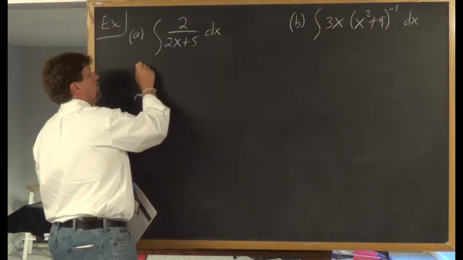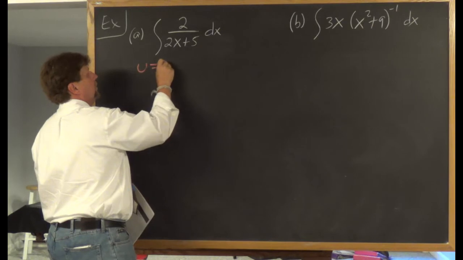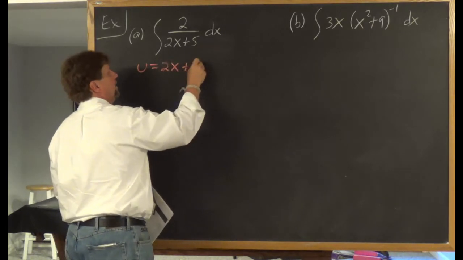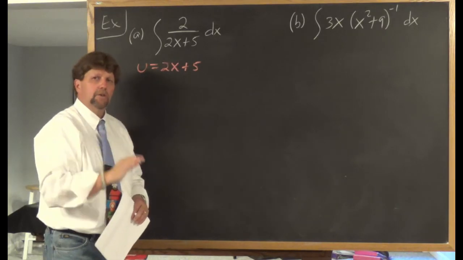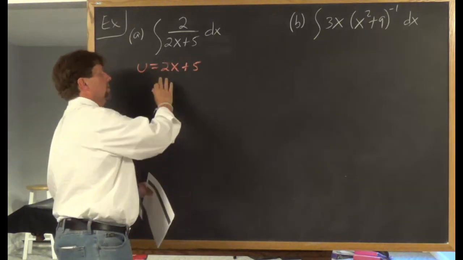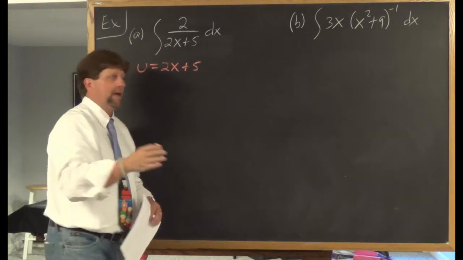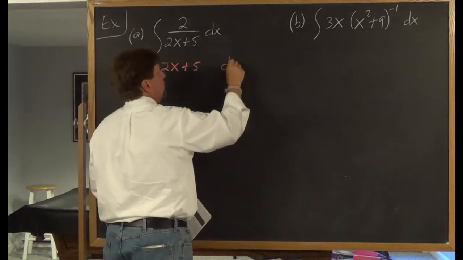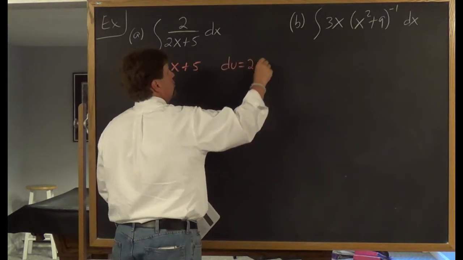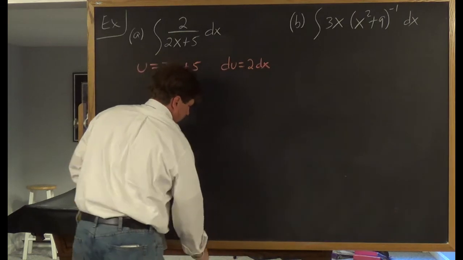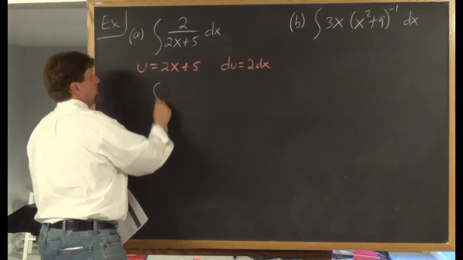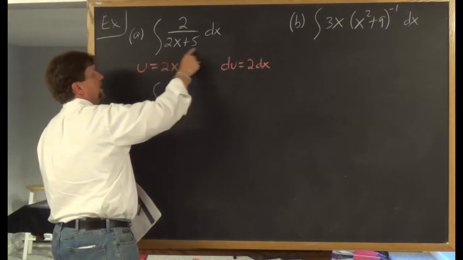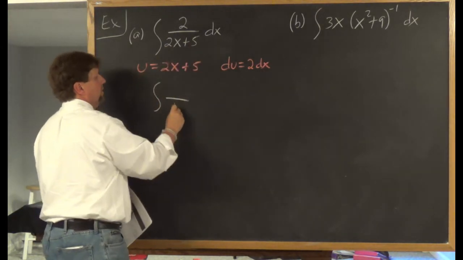So we're going to let u equal 2x plus 5. And then remember, you must always compute du. You must always compute the derivative of whatever you're saying u is. So here du is 2 dx. Now we substitute in. So we substitute in the denominator, that's u.